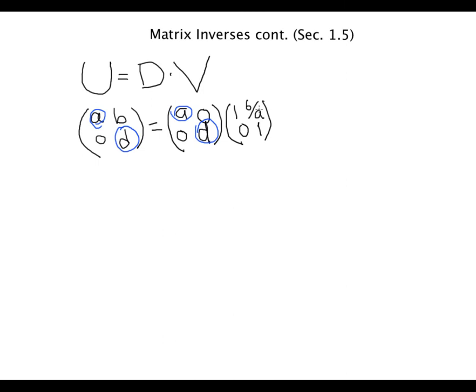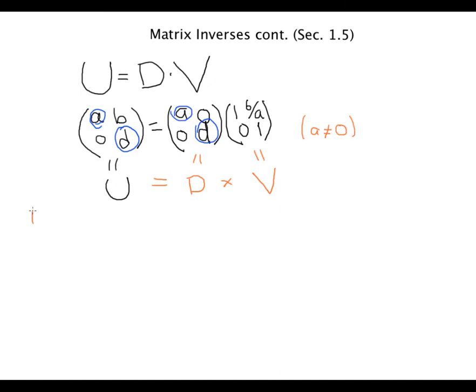So that's a formula for, if this is U, that's a formula for D and V, such that U is equal to D times V. And D and V were handed to you. There's no other choice for those. And notice that for this to work, you certainly had to have A is not equal to 0.